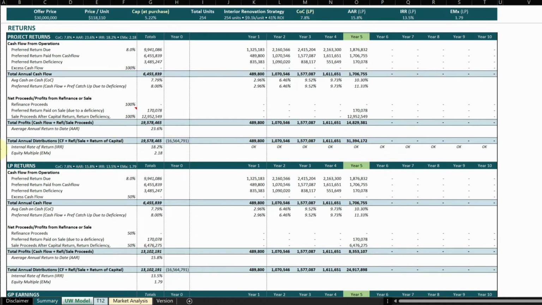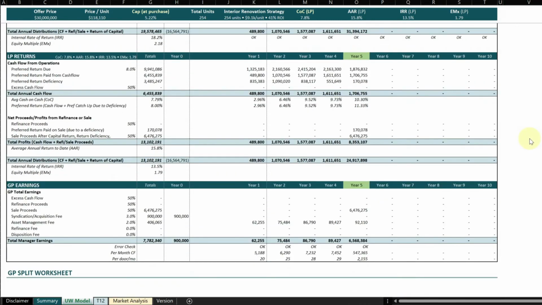And then this is where our internal rate of return and our equity multiple are calculated. So you can see at each level which return metric gets used to calculate the performance of the property at each level.